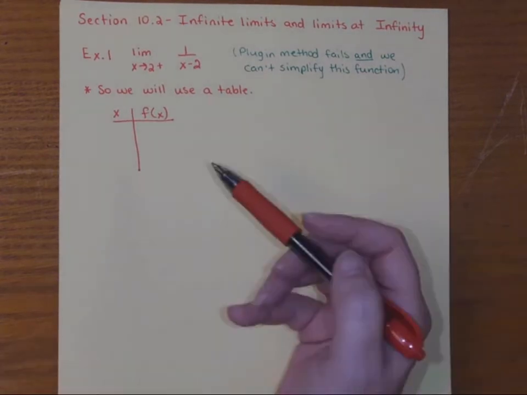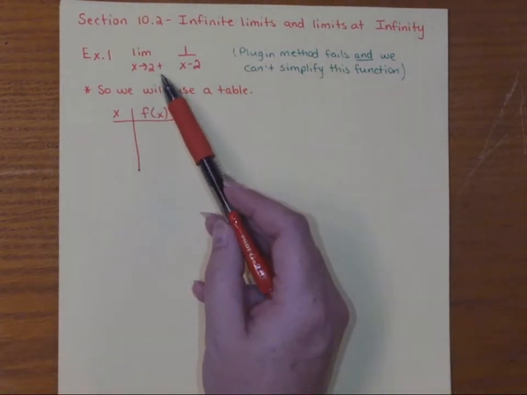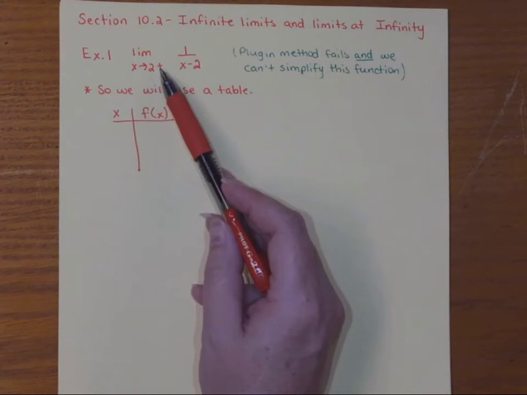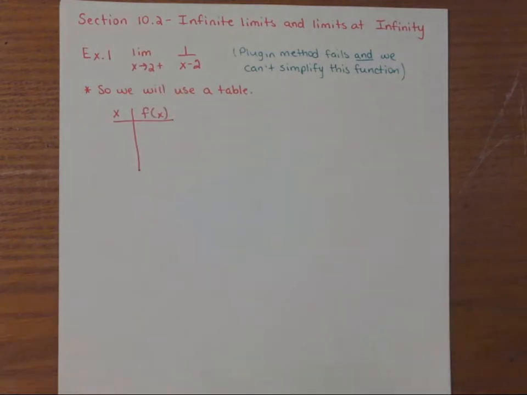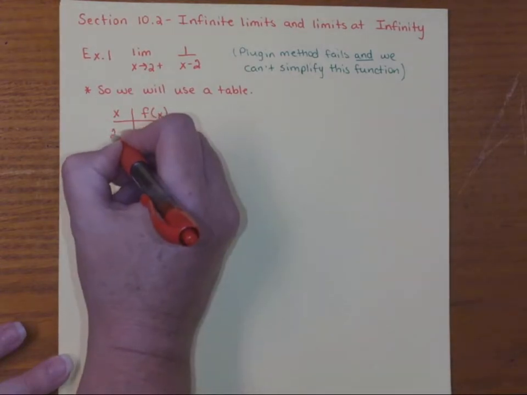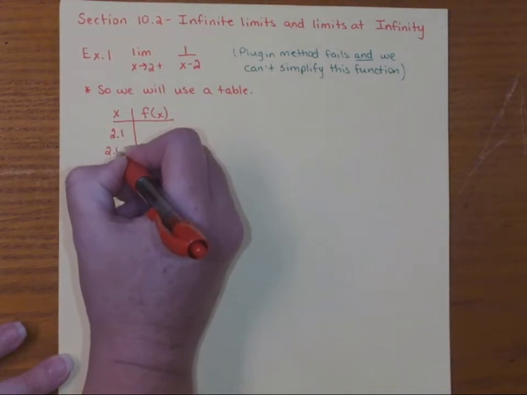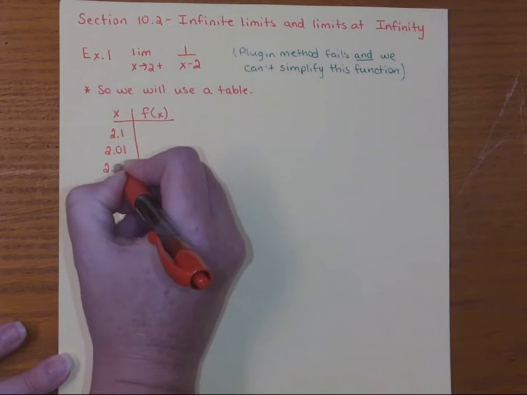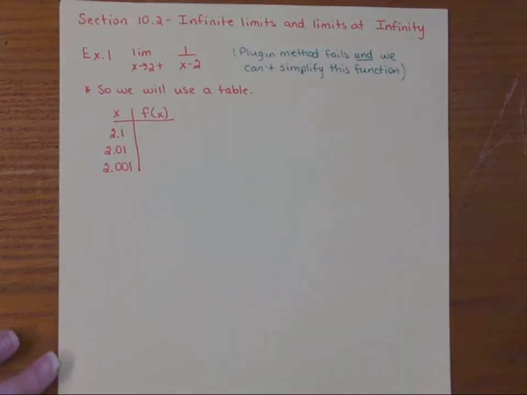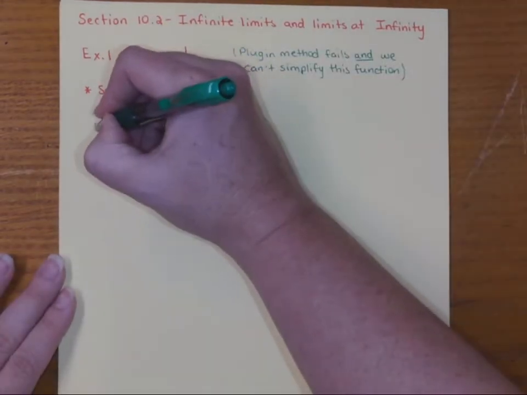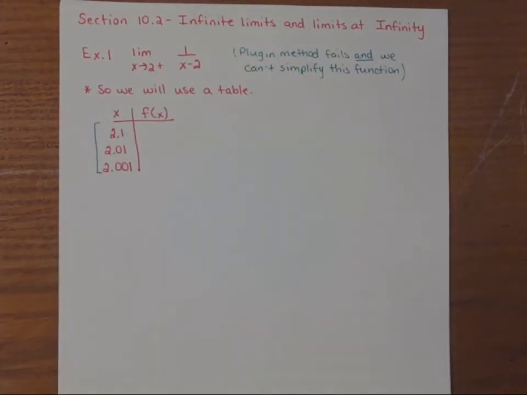So the key is, remember, you want to pick x's that follow the problem. So we want x's to the right of 2. In other words, things that are to the right of 2, but also getting really, really close to 2. So last time we looked at some that were under our x value, but also over. Well, this time all we have to do is look at things that are a little bit more than 2. Notice, why did we choose these? 2.1 is close to 2, right?